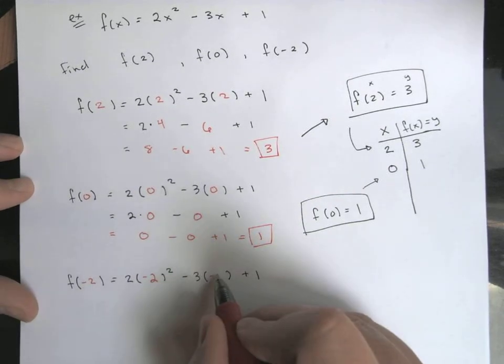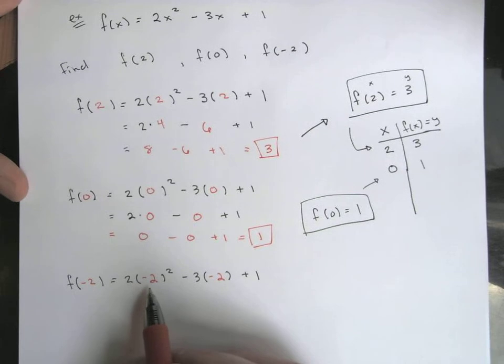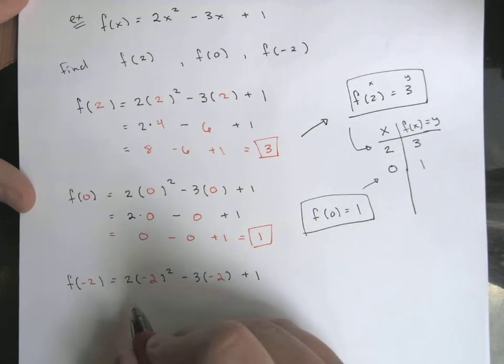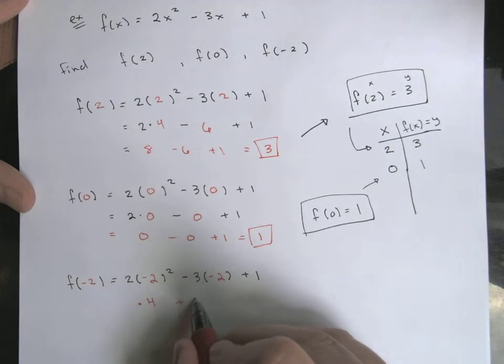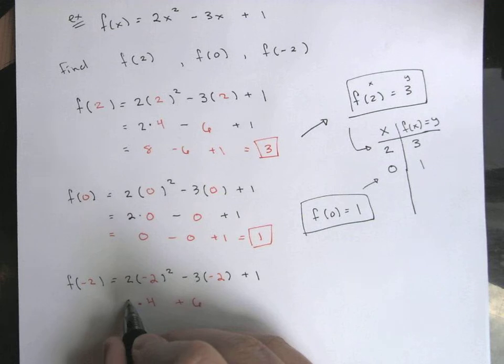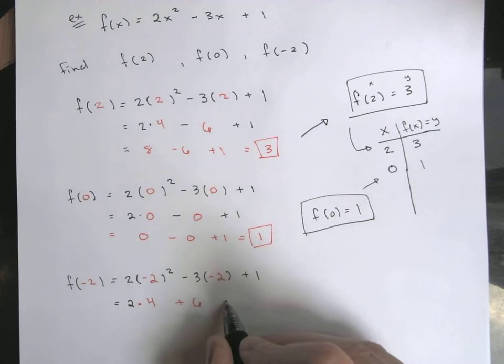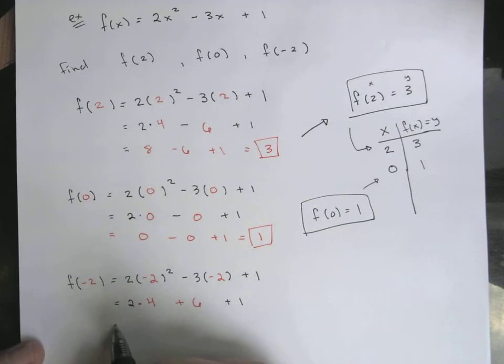My negative value is inside the parentheses, so this is an input value. So if I do negative 2 times negative 2, that's going to get me to a positive 4. Negative 2 times negative 3 would get me positive 6. We're going to add 6. This is then times the 2 in front and then plus this 1. So this gets to be a surprisingly big number relative to some of these other ones.